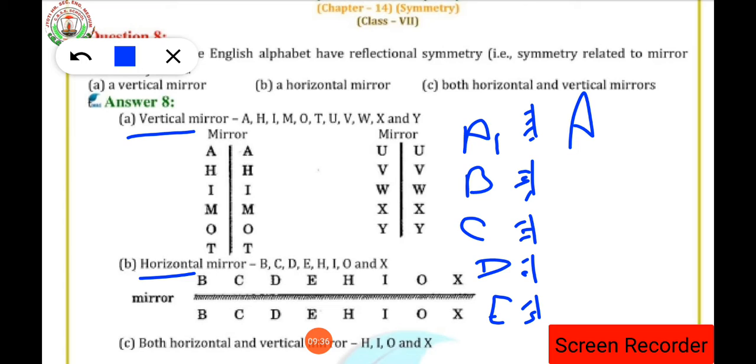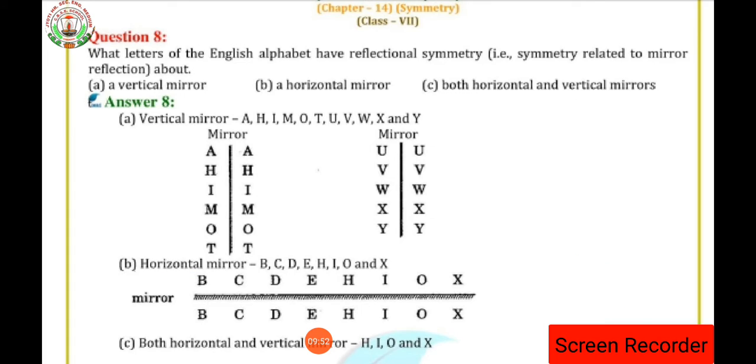It will look like this. How will alphabet B look? Like this, it just looks opposite of that. Then alphabet C will look like this. How will alphabet D look? And alphabet E will look like this. This way we have to go through the answers. Clear everyone?